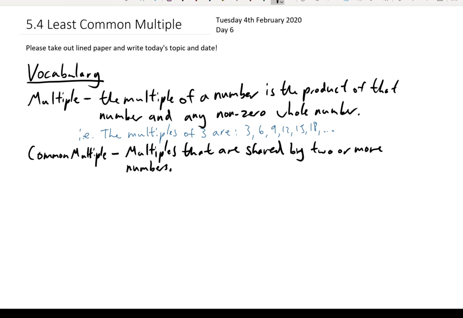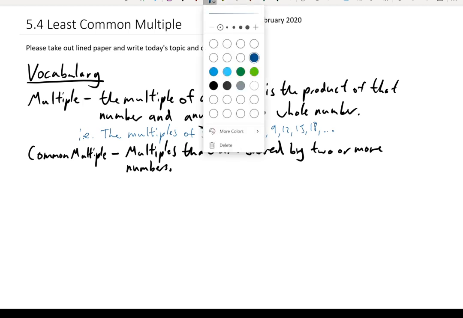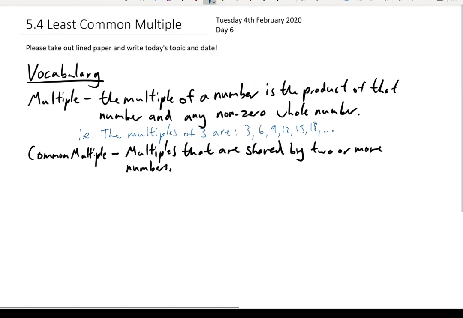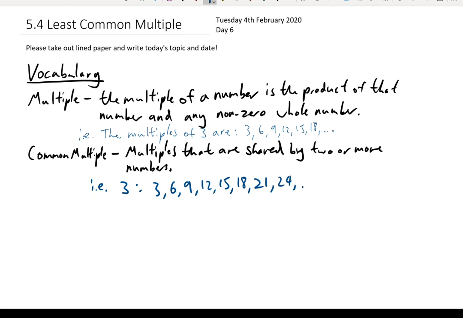Okay, so for example, let's still use blue here, the multiples of 3 are going to be 3, 6, 9, 12, 15, 18, let's go a few more, 21, 24, and so on.